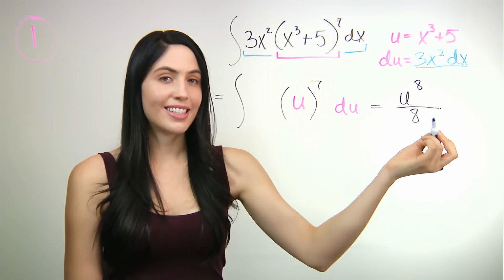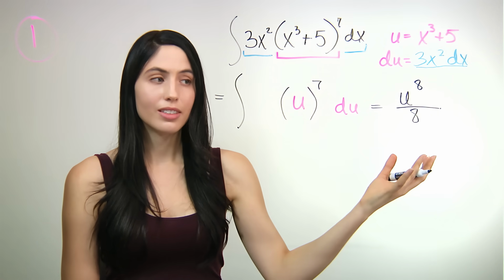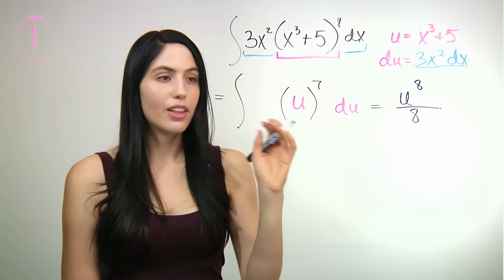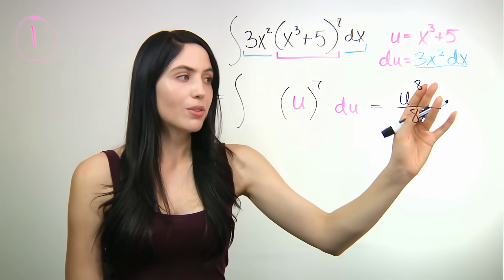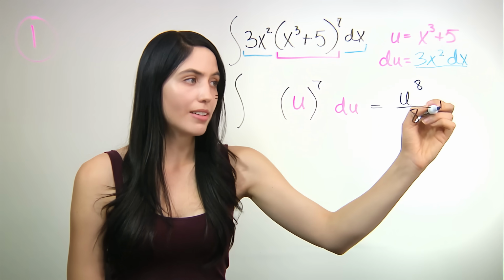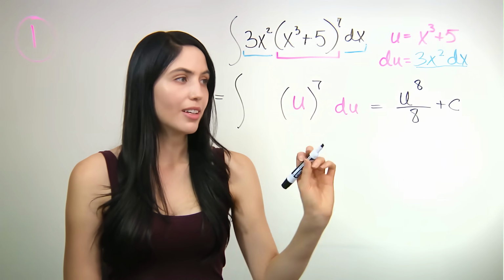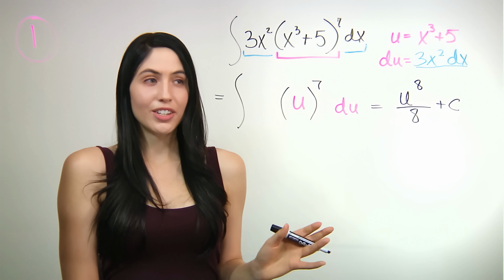And since this is an indefinite integral, indefinite antiderivative, meaning there are no limits, you have to write at the end plus c. Don't forget that. Plus c. All right, you've integrated.